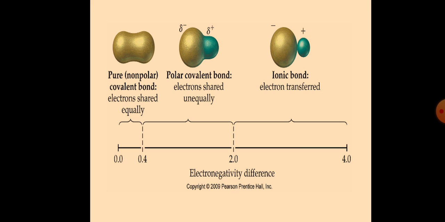It is 0.9. When it is 0.9, what is the type of bond? Polar covalent bond. Okay, it will be 0. When will it be 0? When the electronegativity value is the same. For example, H and H, hydrogen molecule, 2.1 minus 2.1 equals 0. So, what will be the type of bond? The type of bond will be non-polar covalent bond. Are you clear now what is meant by the electronegativity difference?